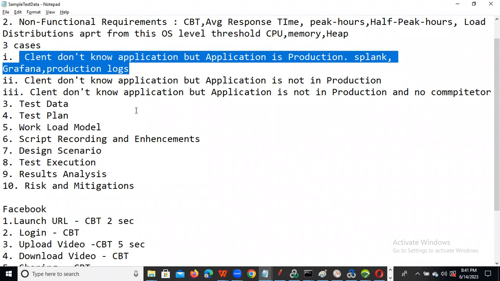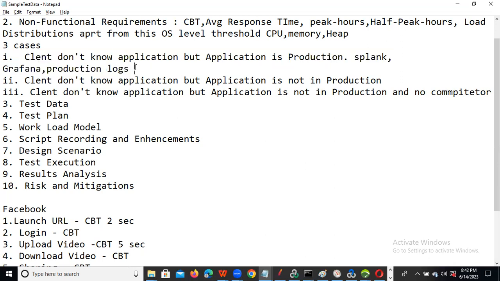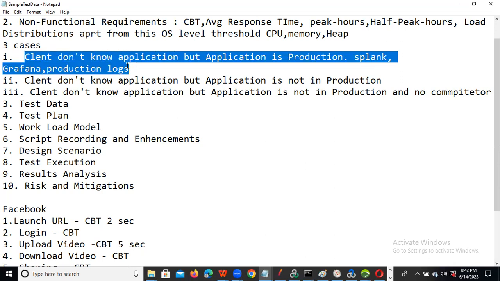Okay, so now everyone is clear about the case where the client doesn't know anything about the application and the application is not in production. Anyone have any doubt as of now? Everyone able to understand, or is it boring? No, okay, good.